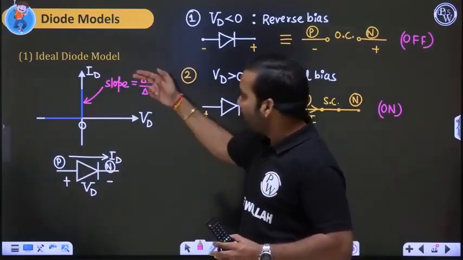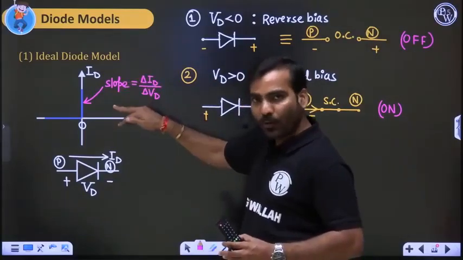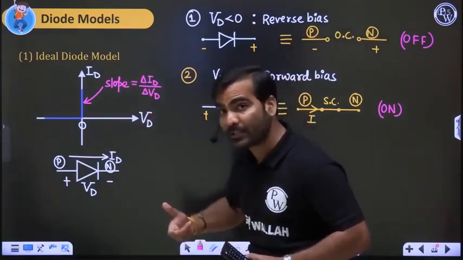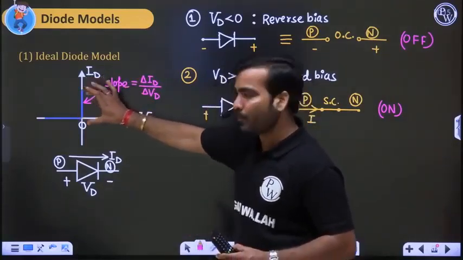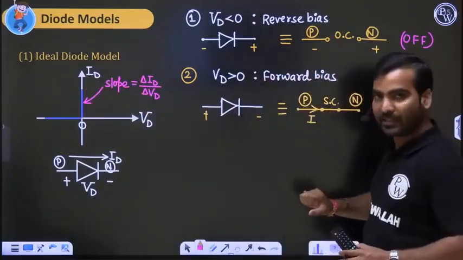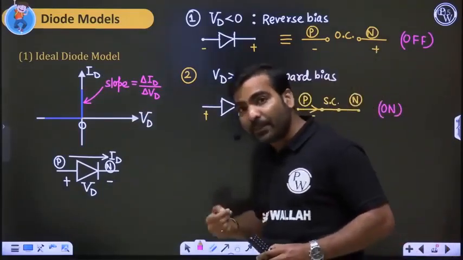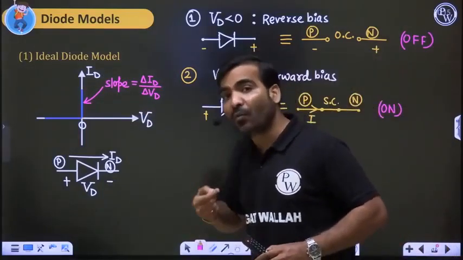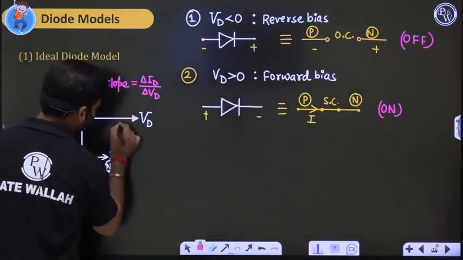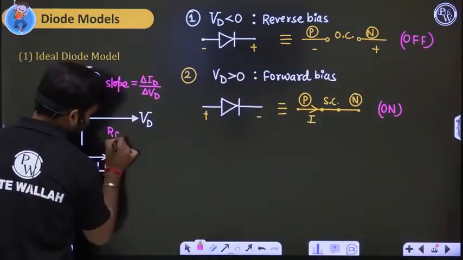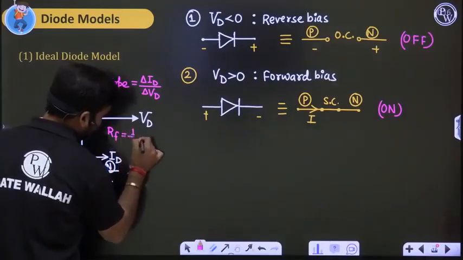Meaning that if I reverse the slope, we get the definition of resistance. Since this is the forward characteristics of the diode, because this second case is the forward bias case, what is the name given for that resistance? Forward resistance RF. So the forward resistance here I am writing is equal to 1 upon this slope.